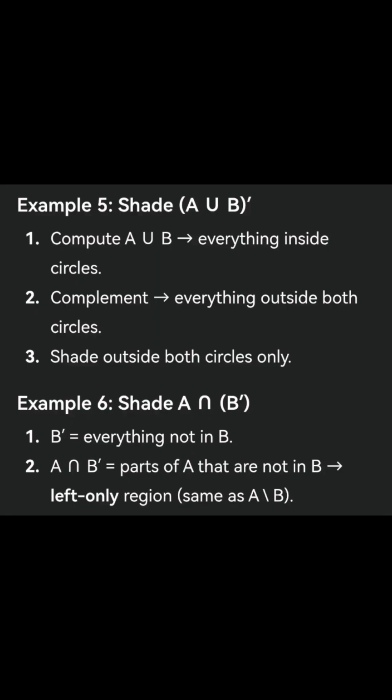Now, example 6, shade A intersection B complement. There's a rule that you have to be cautious of. Whenever you are doing this shading or computation, make sure you deal with the one in brackets first, then you move towards the union. From union, you move to intersection, then from intersection, you move to complement. But whenever there's a complement attached to a group, make sure you do the complement first.